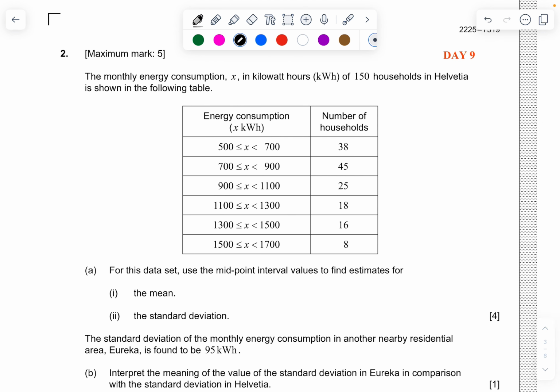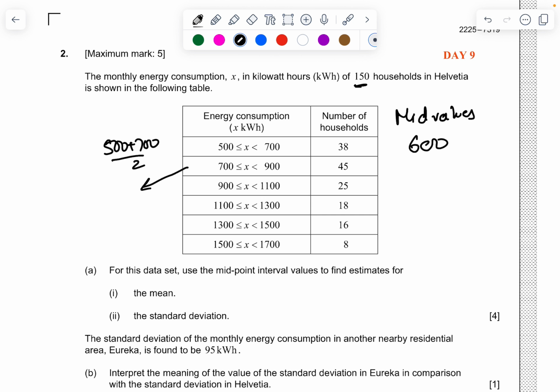Now coming to the second question. The monthly averages in energy consumption in kWh of 150 households is given. Find the mean. So for the mean, first of all, I am going to find the mid values. Mid values is nothing but what? 500 plus 700 by 2, which is going to be 600.